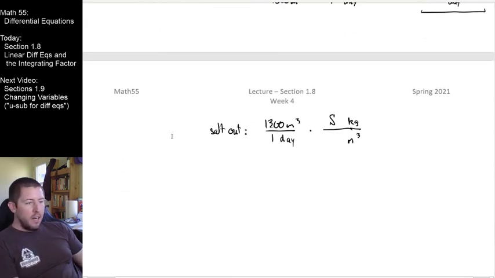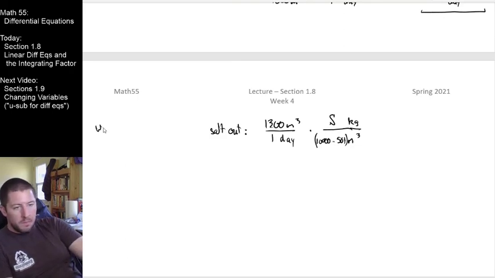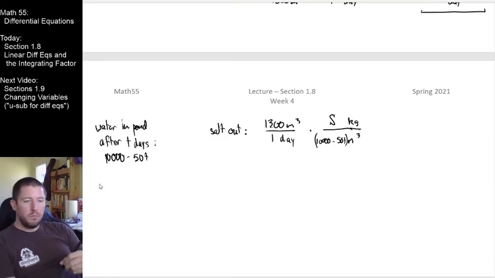So what I'm seeing here is it looks like there's actually a whole expression of T involved with this, right? It's 10,000 minus 50T. That's how much water is actually in the pond on day T. All right.